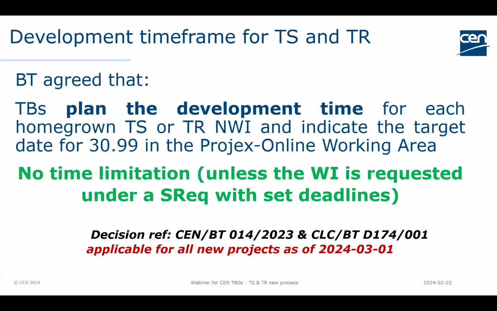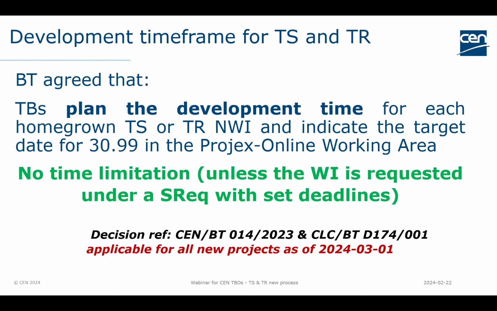Okay, so as Alberto mentioned, the following element was also part of the decision. The technical bodies can plan the development time for each homegrown TS or TR work item, and they can indicate a target date of 3099 in the project's online working area, which exceeds the 52 weeks or the 1 year, which was previously the limitation for this tool.